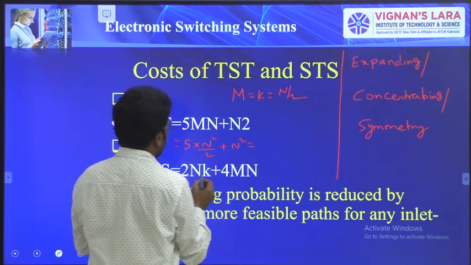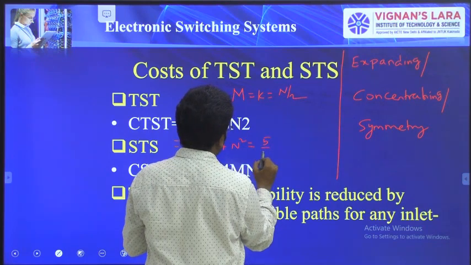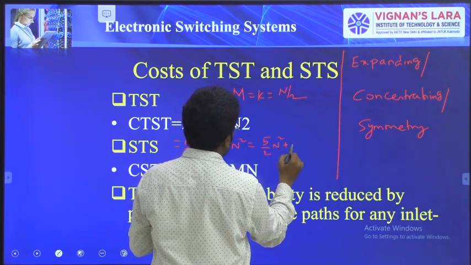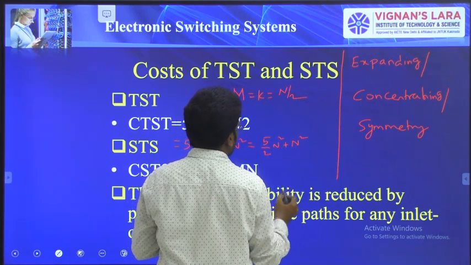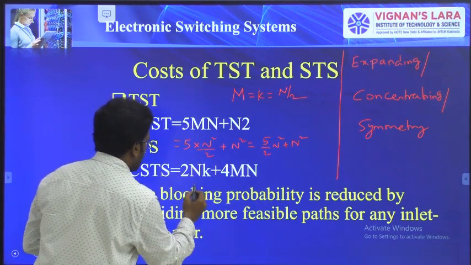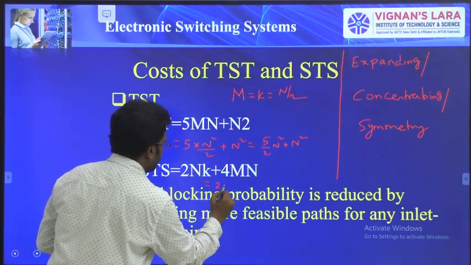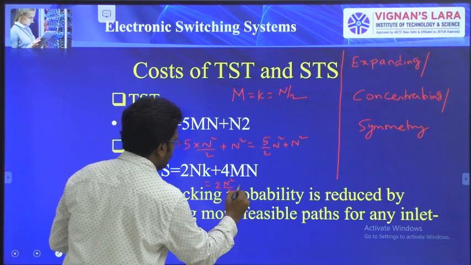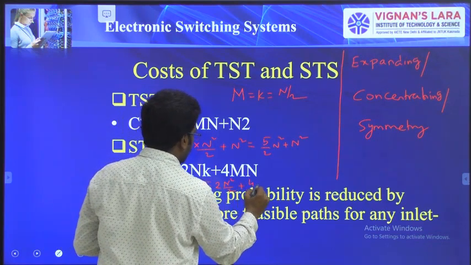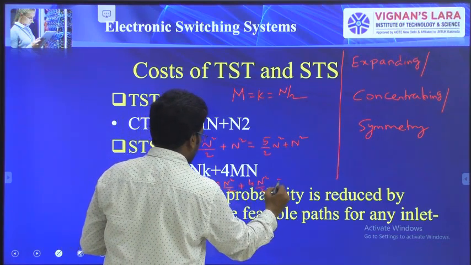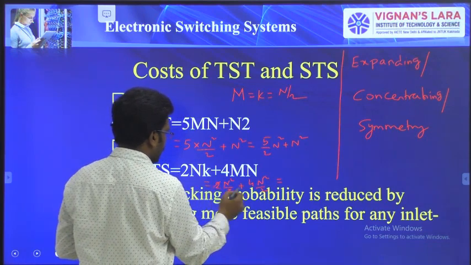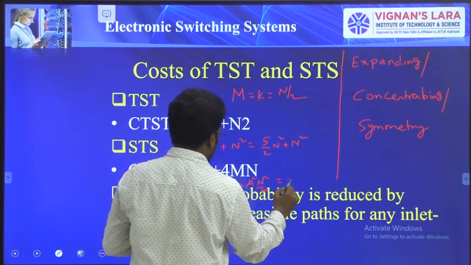So 5 by 2 n square plus n square. What about this one? This is 2 into n square by 2 plus 4 into n square by 2, which implies 3n square.